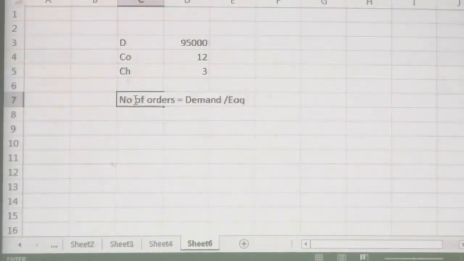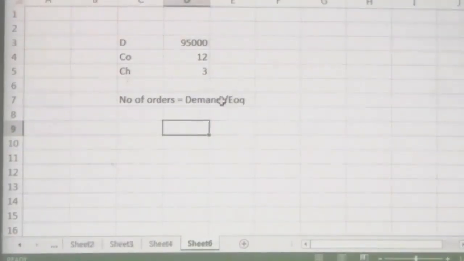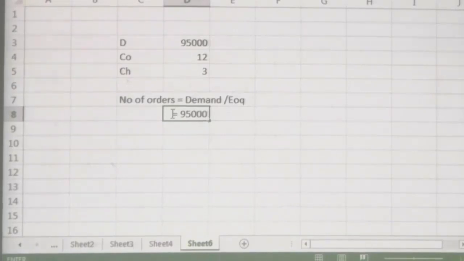What is EOQ? The quantity you order at once. This is the total demand. Once you divide your total demand by EOQ, you get the number of orders. You already know the demand, that is 95,000.